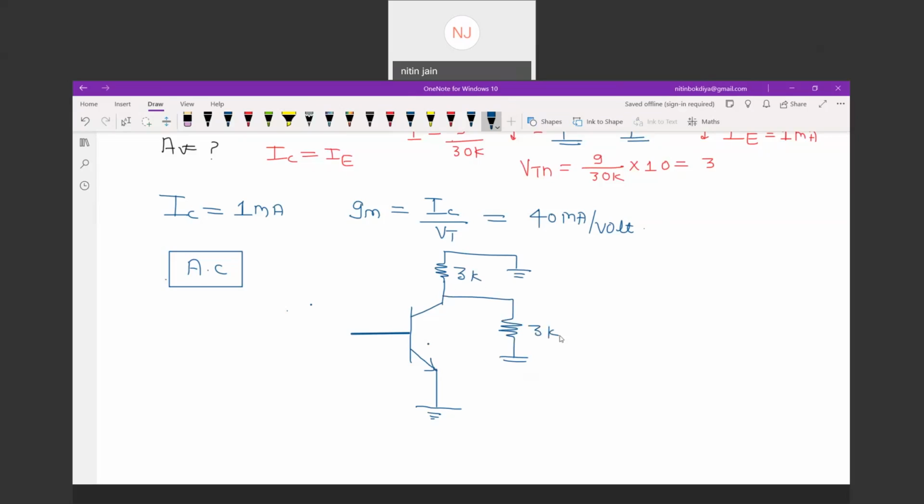So this is a parallel combination, है ना. You can say this is 20K, this is 10K, और यहां लगाया है मेरे पास एक VS.